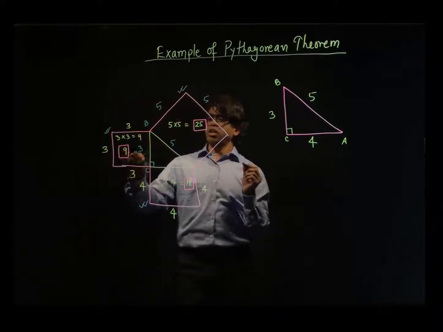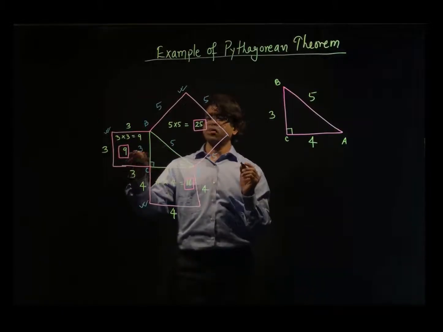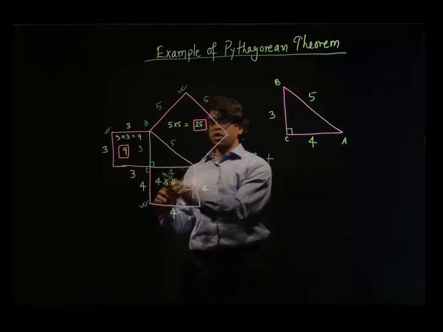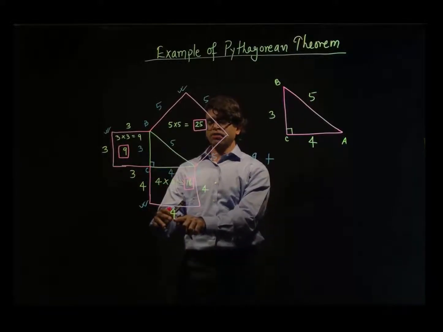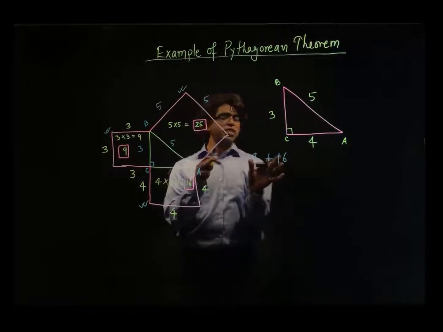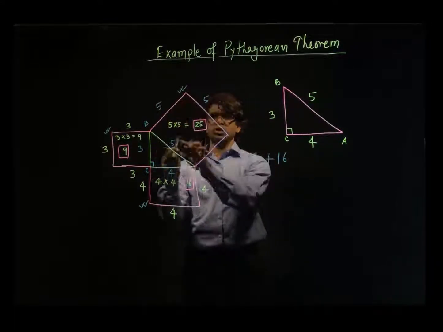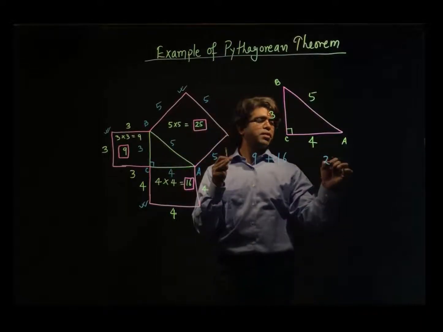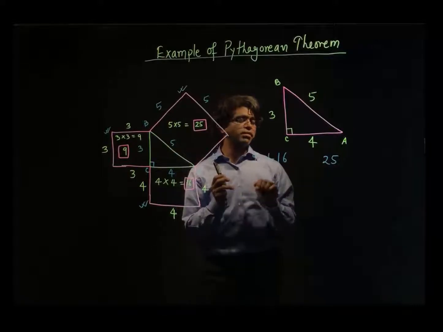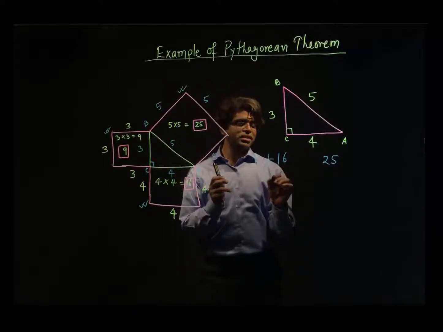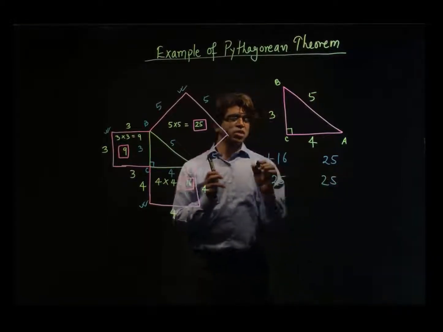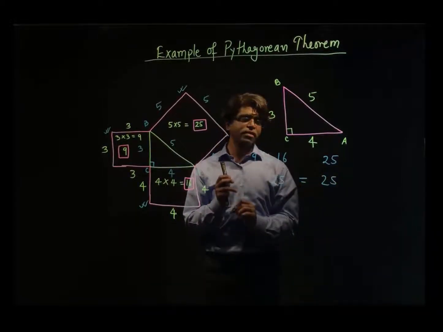The area of the square on side 3 is 9, so I will write 9 plus the area of the square on side length 4, which is 16, and then we need to see if 9 plus 16 is equal to this area, which is 25. So is 9 plus 16 equal to 25? 9 plus 16 is 25. As you can see, 25 is equal to 25.